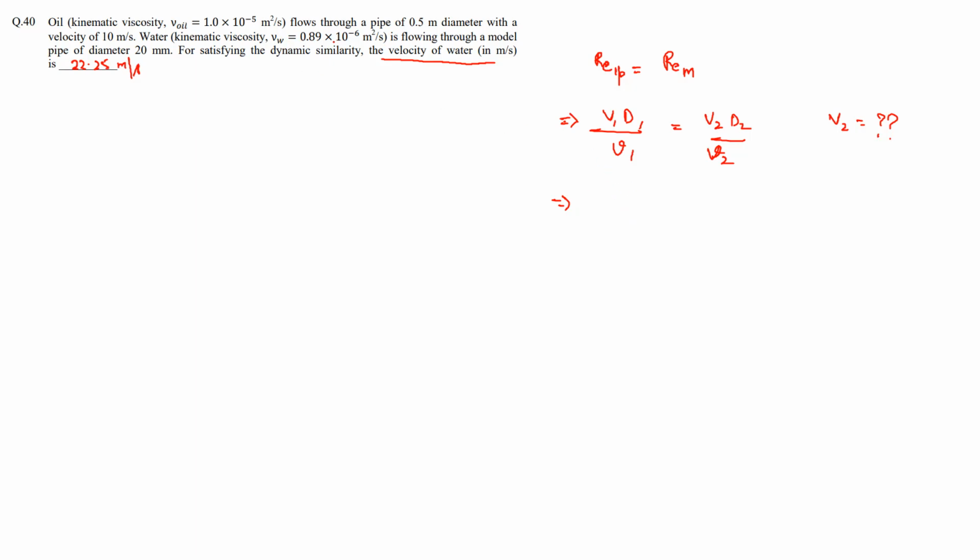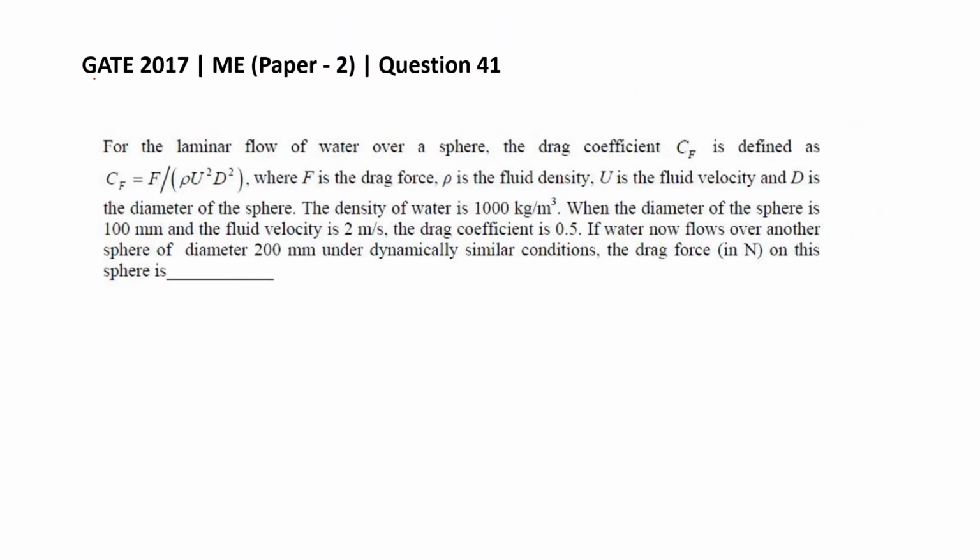So velocity for oil is given as 10 meters per second, diameter is 0.5, whereas the kinematic viscosity is 10 raised to the power minus 5. V2 is what we need to find. D2 is 20 into 10 raised to the power minus 3, and nu here is 0.89 into 10 raised to the power minus 6. So you can solve this, and then you'll finally get to this 22.25. Yeah, so this is like a 2 marks question, as easy as that.